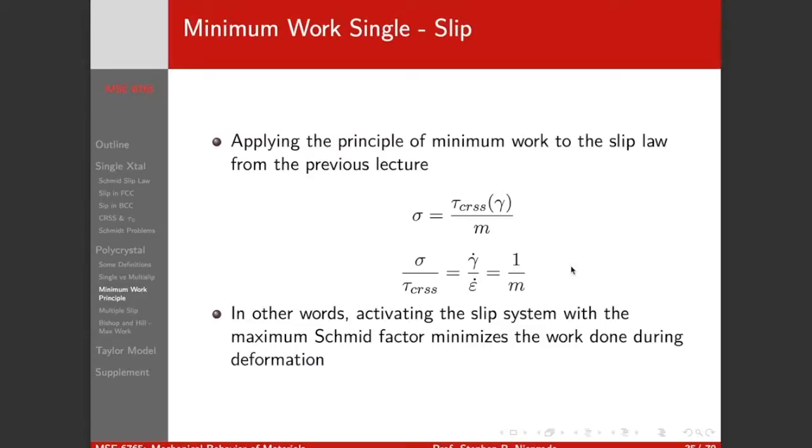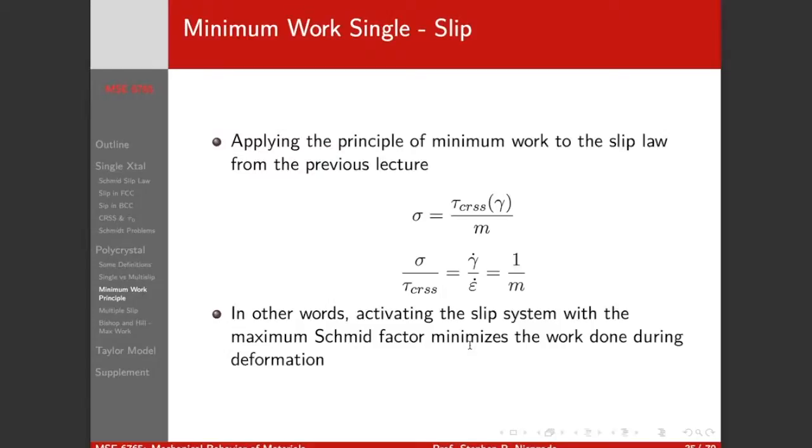Okay. So if we apply the principle of minimum work to the slip law, we want to minimize the work done, which means we should activate the slip system with the maximum Schmid factor, because that's the one that's going to be the easiest to activate.